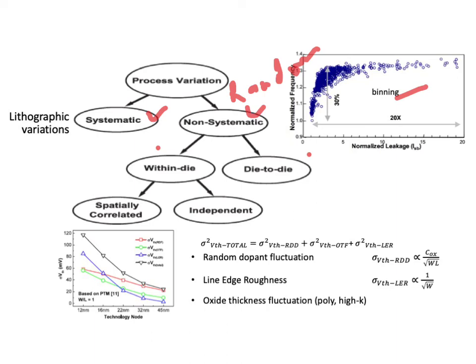This graph illustrates, for one particular design, the statistical distribution of die-to-die variation in normalized leakage, which is the energy dimension, and normalized frequency, which is the delay dimension. For a typical die-to-die variation, you might see approximately a 30% spread in the operating speed of the VLSI IC.